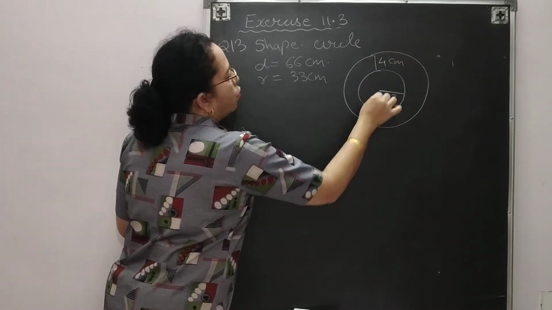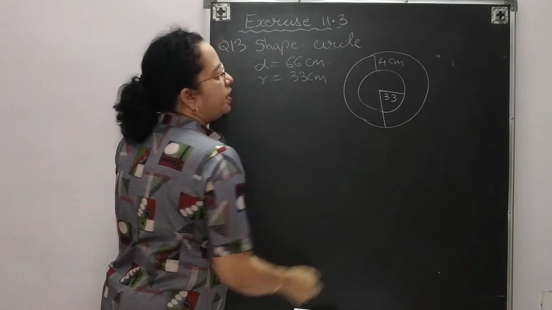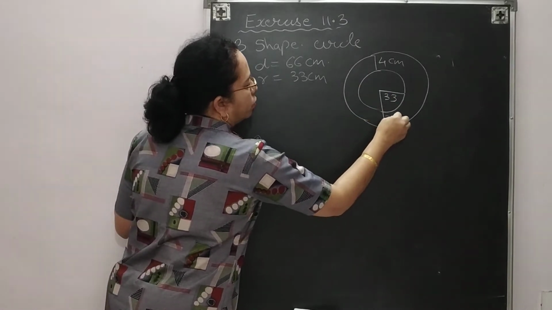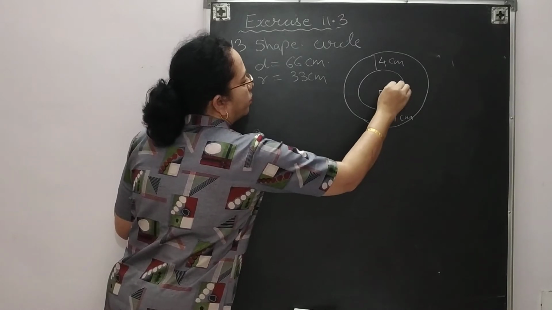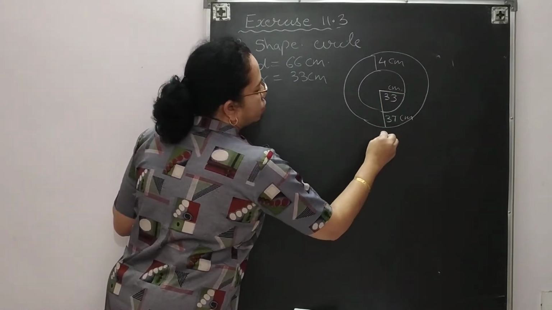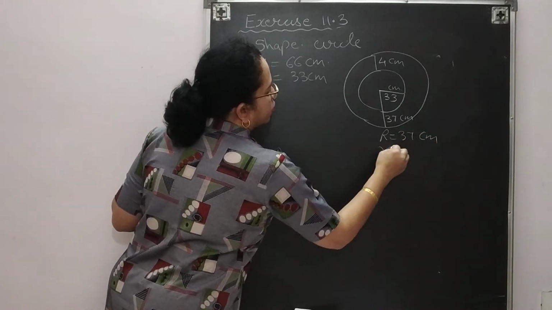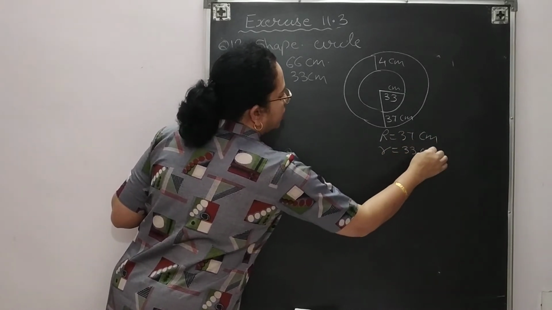So what will be the radius of the bigger circle? Definitely 33 plus 4 will give you 37. So capital R is 37 and small r is 33.